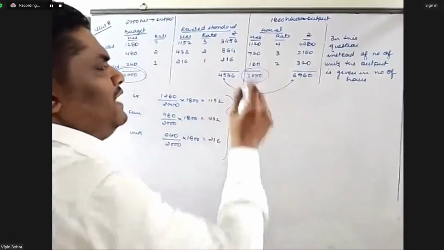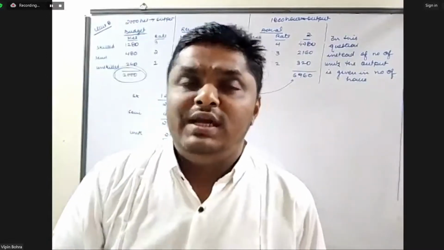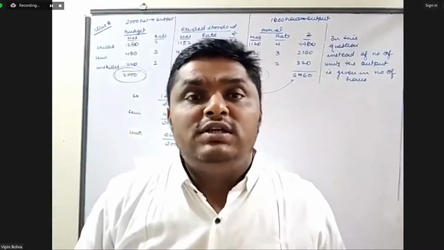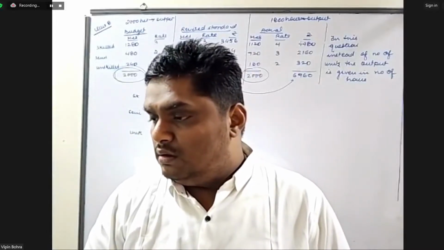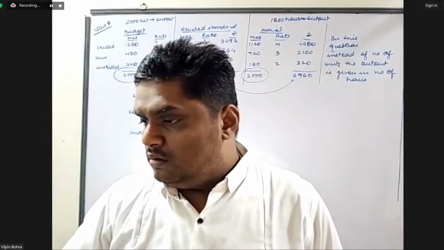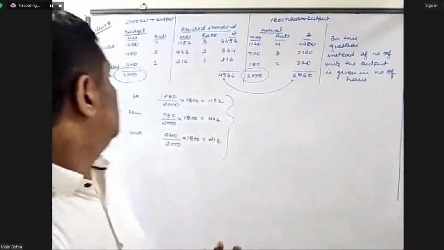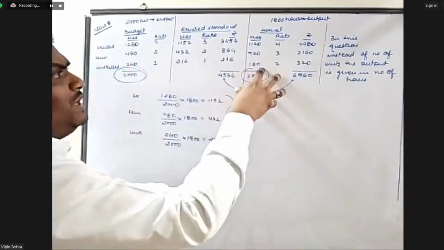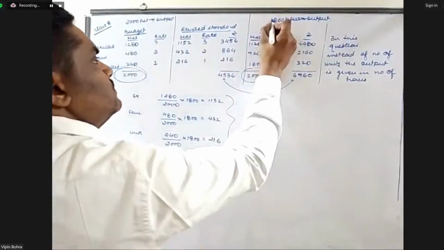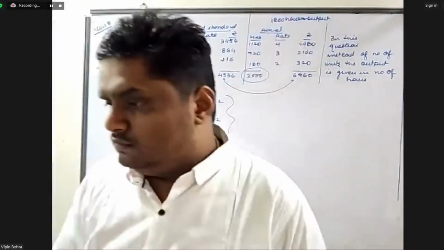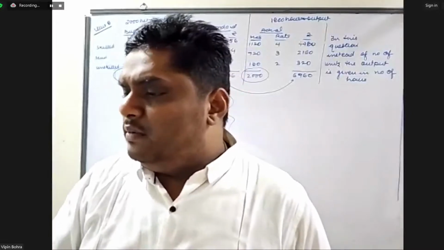And even though they actually work for 2000 hours, the standard output is generated only for 1800 hours. Even though they work for 2000 hours, the standard output is only 1800 hours. 200 hours is not idle time.